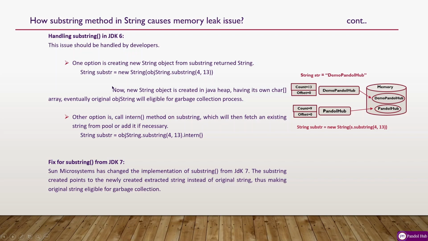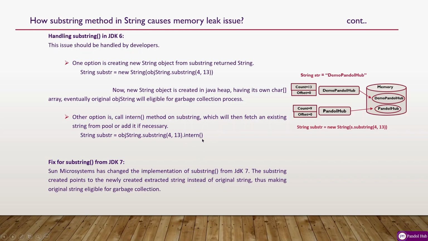Now a new string gets created in the memory pool, and your substring points to it instead of the original string. The other option is to call the intern method on the substring, which will fetch an existing string from the pool or add it if necessary.